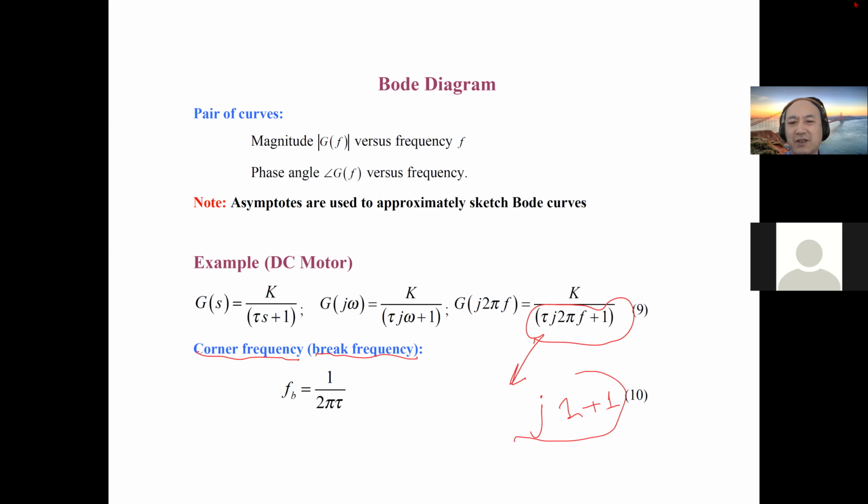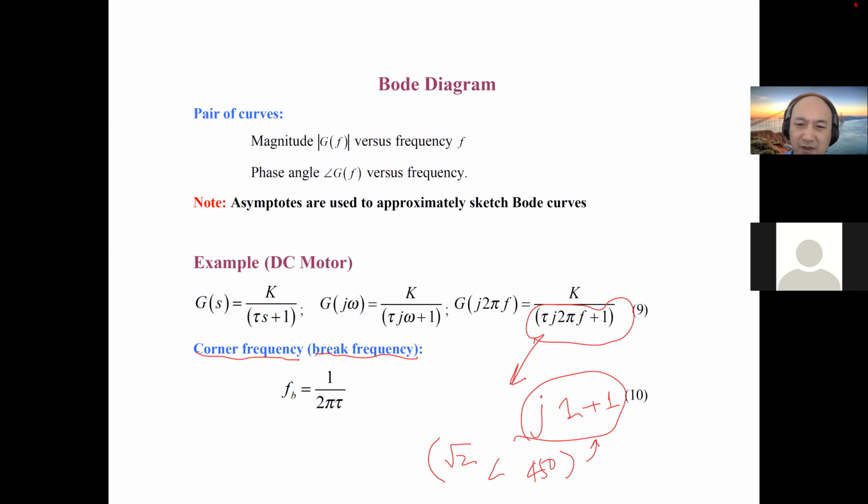So that's why you have a square root of 2 magnitude, and squared, you will have 2. So that's the half power of the signal. Then it's 45 degrees. So that is a frequency.